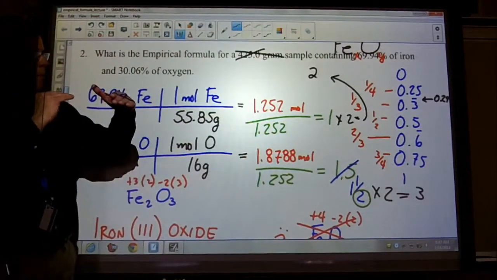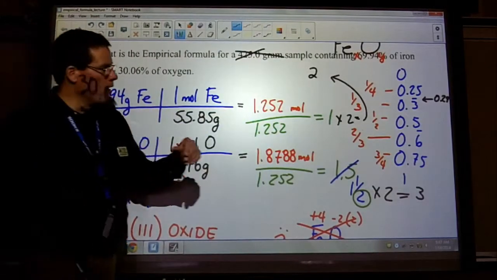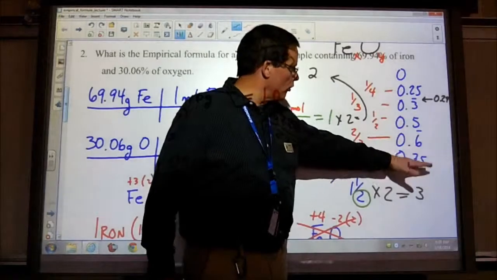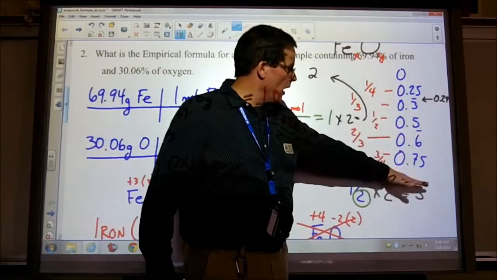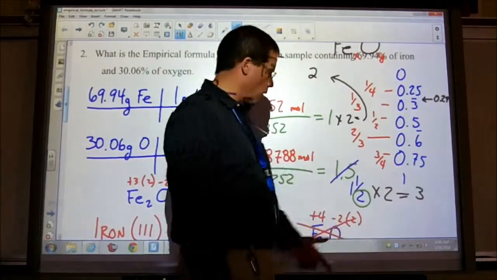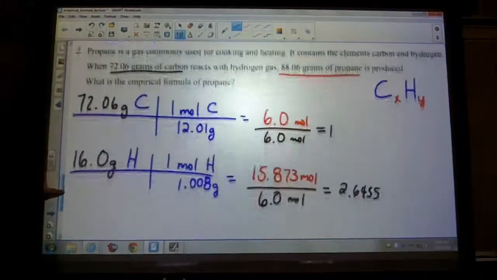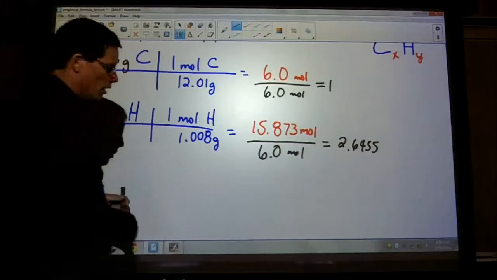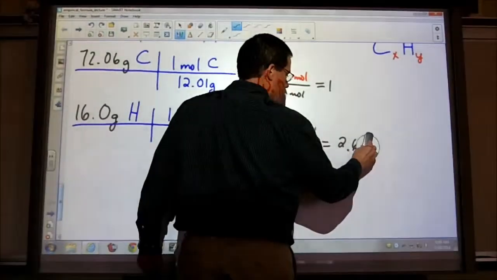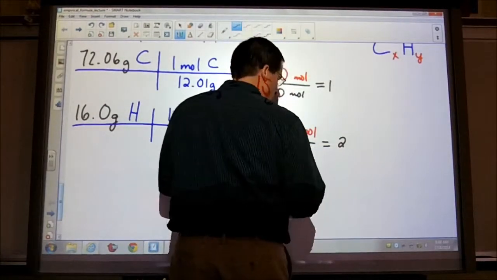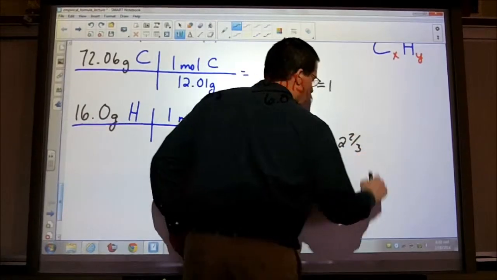That's right in the middle of a quarter and a third. However, there's a long distance to go between 0.5 and 0.75. So 0.64, that's very, very close to what fraction? 2/3. So that's what we're going to go with. It's very close, so that's safe for us to say that that's 2 2/3.